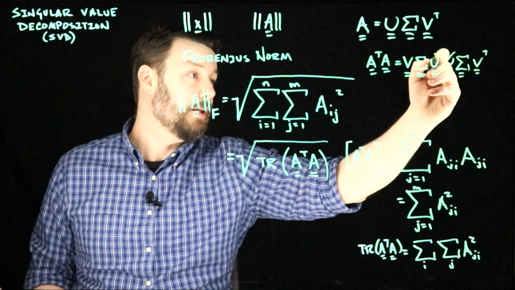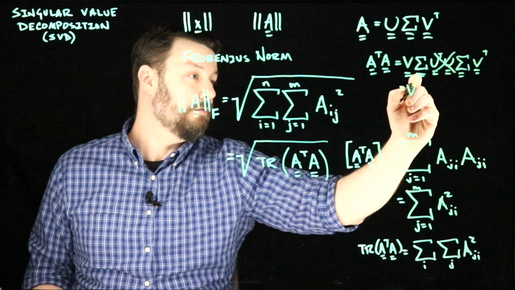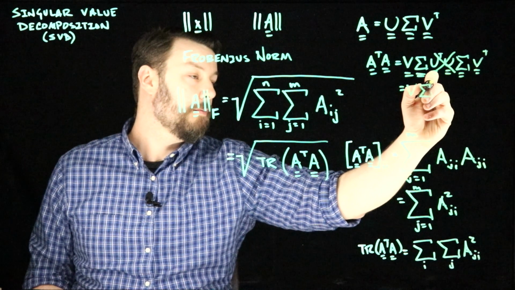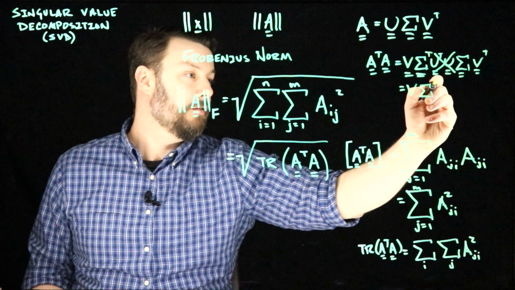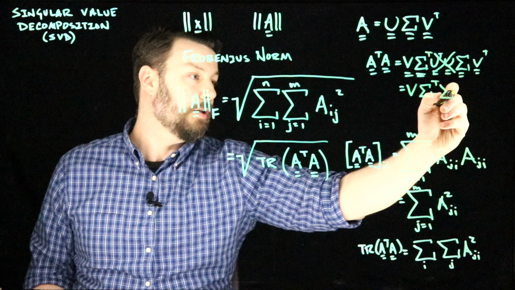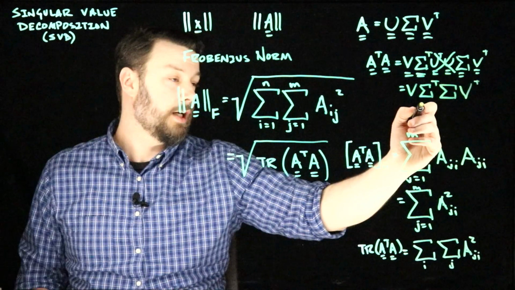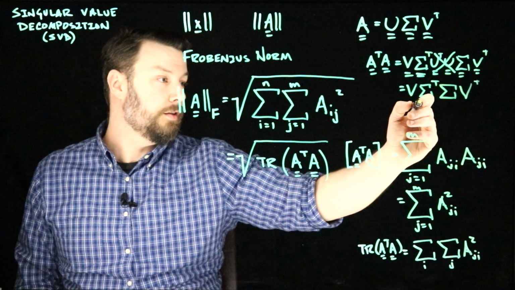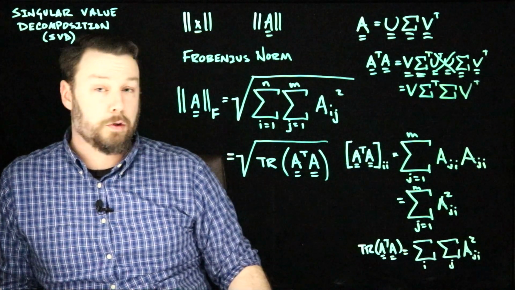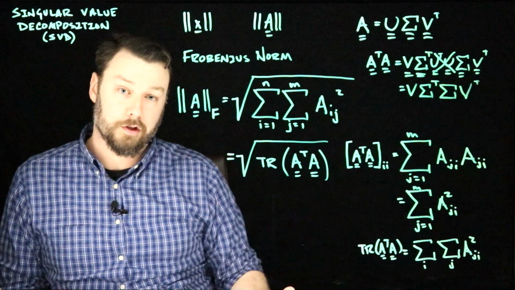And of course, the U transpose U is the identity, and so it is just V sigma transpose sigma V transpose. As we discussed just a minute ago, this is a square matrix with the squares of all of the singular values in it.